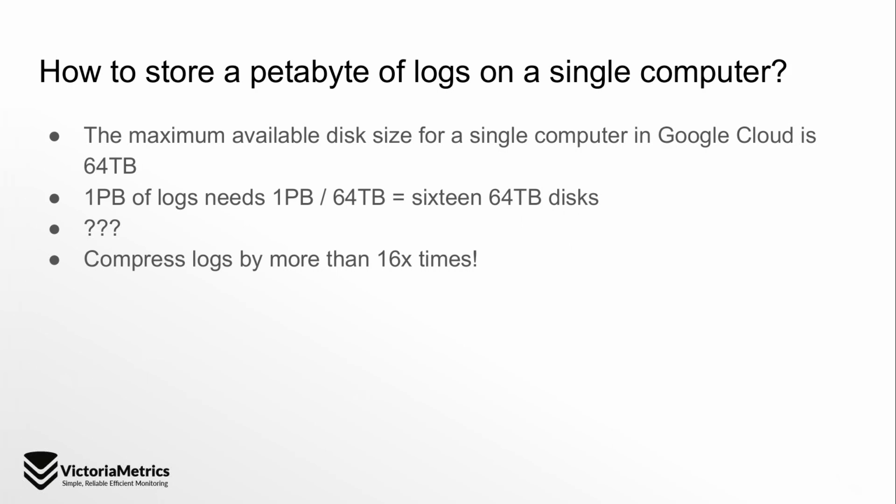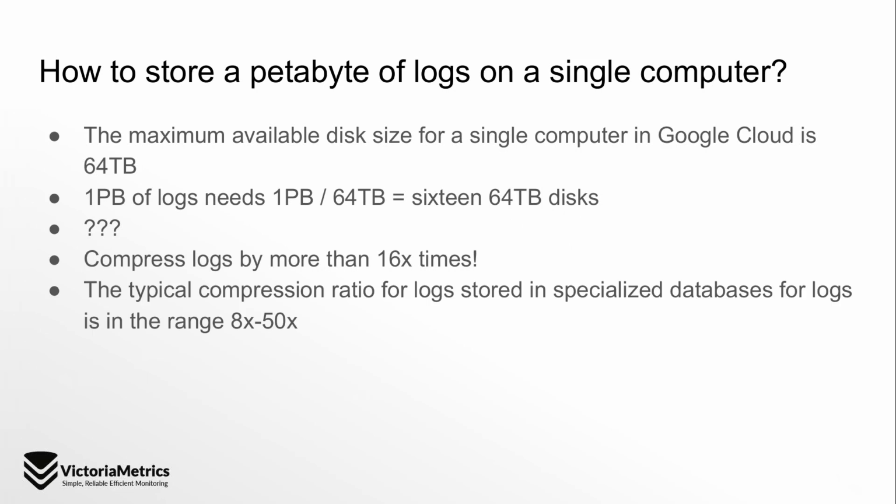It's just compress these logs by more than 16 times, and that's it. And this is very real, because the typical compression ratio for logs stored in a specialized database for logs is in the range between 8 and 50 times. And that's according to my experience, and the experience of users of VictoriaLogs.